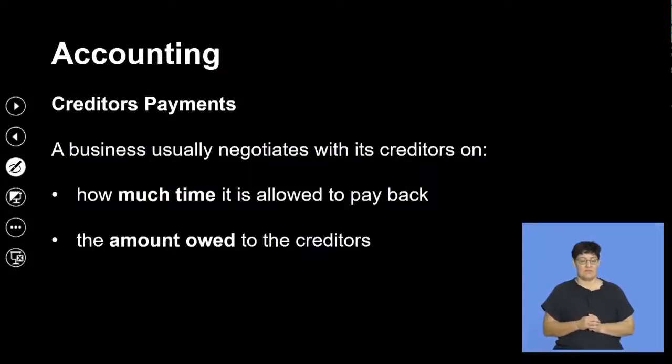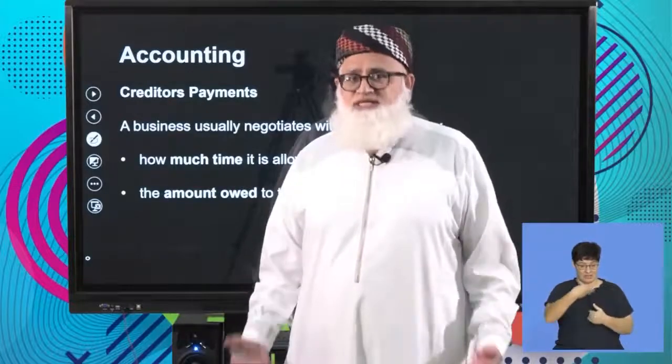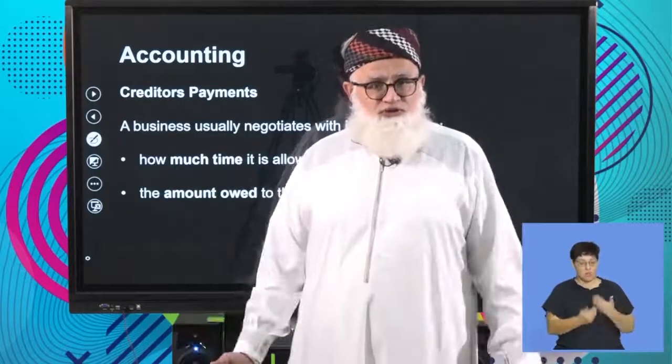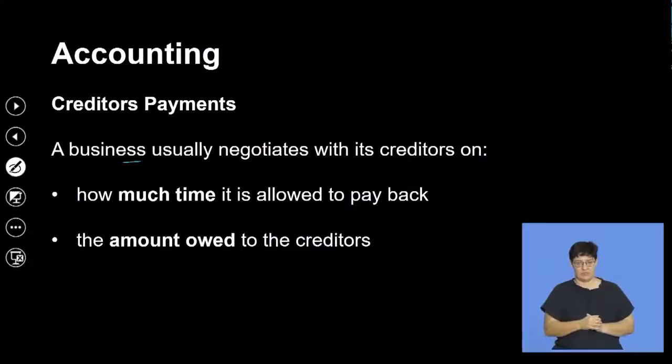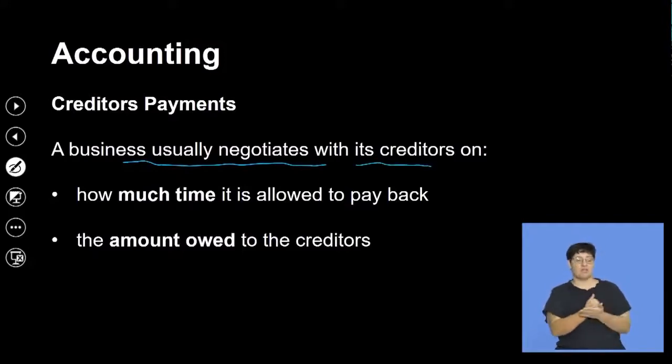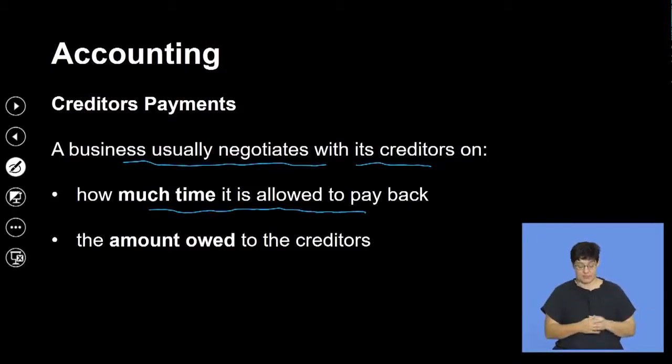When it comes to our creditors, obviously, due process needs to be followed. A business usually negotiates with its creditors on, one, how much time is allowed to pay back, and two, the amount owed to our creditors.